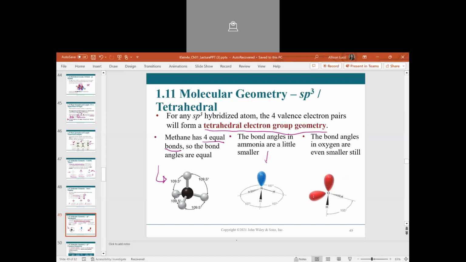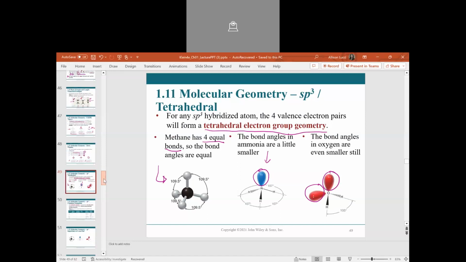And then we'll see ammonia is also tetrahedral electron geometry. We have 1 lone pair housed in this sp3 hybridized orbital, and then in our water molecule over here, we have 2 sp3 hybridized orbitals that house lone pairs. So you can see that the bond angles are decreasing as we go along and add more and more lone pairs.